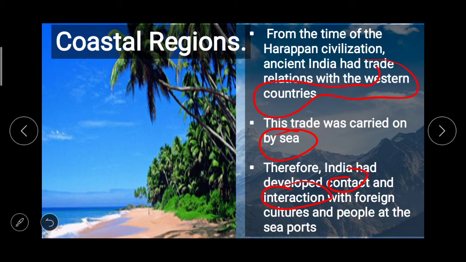And then land routes came to be used for trade and transport, but the importance of sea routes did not diminish. Today also it is very important, and coastal regions always play an important role in transport and in the trade with the other countries.